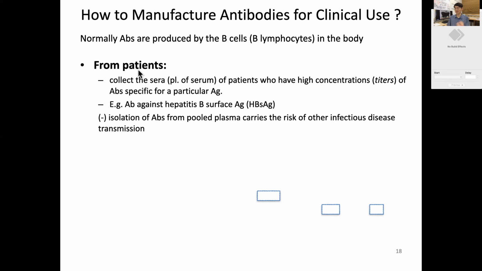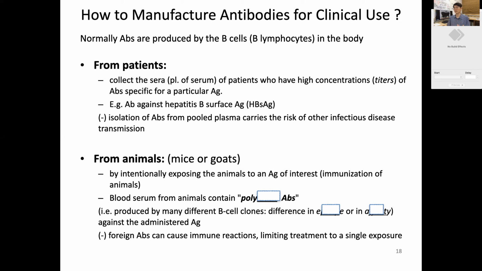Another way is we can use animals. This is more typical, such as mice, rabbit, or goat. When you are purchasing antibody for an experiment, you will find these species. So how do we manufacture antibody?